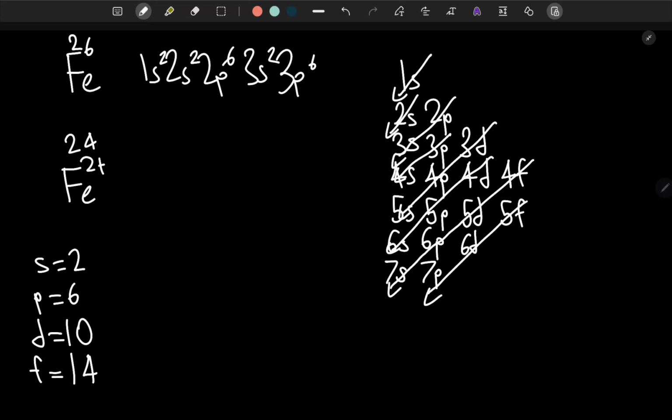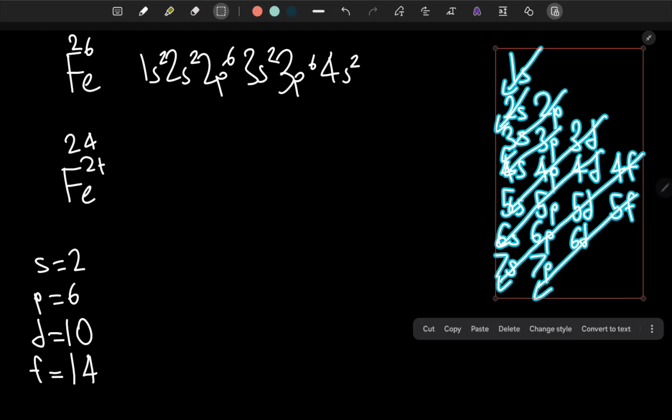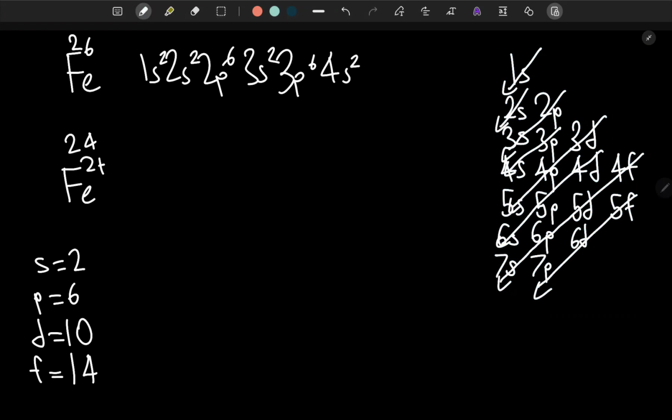Next is going to be 4s2. I'm just going to move this to the right so we have more space. The next after 4s is going to be 3d. D can contain up to 10, but we only need 6 more. So if we count this again, 10, 10, and 6, so 26.